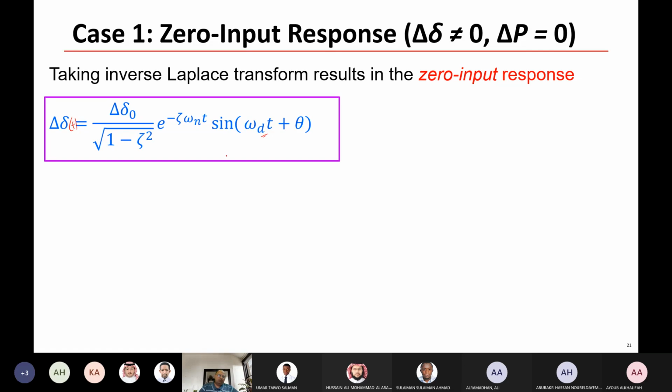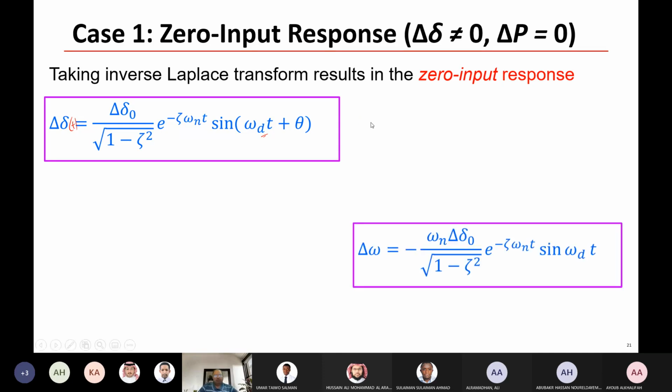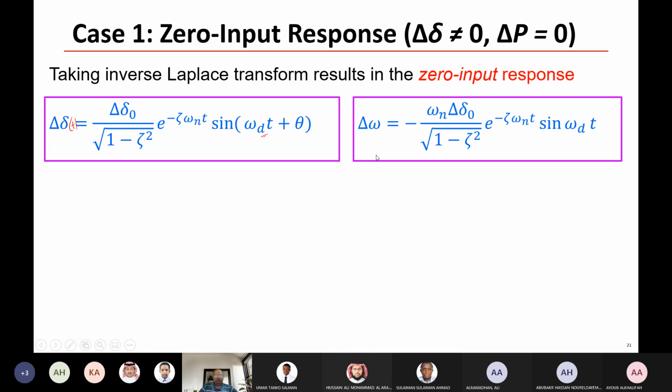Of course, with time, you can get how much delta of t is. And also you can do the same for delta omega of t by taking the inverse Laplace transform, and you have it as such. Okay.